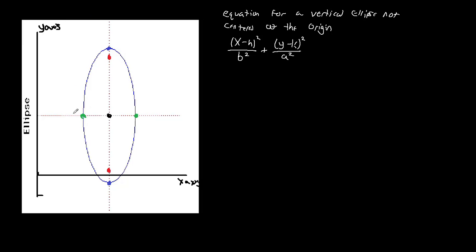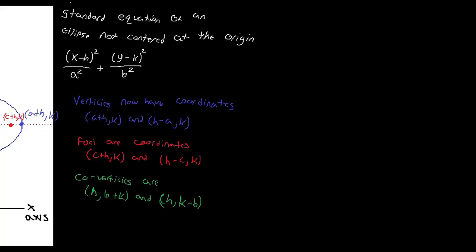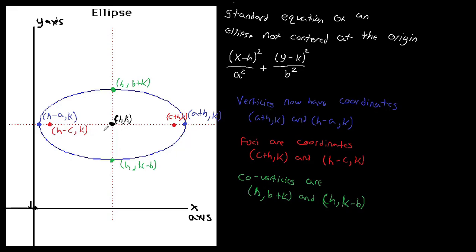And so just like last time, right, our center is still h comma k. That's the distance that we had to go over and up to get to the center of the ellipse. Right, so now I want to talk about our vertices again. So if we scroll back over to our previous discussion, you'll see that in this case, to get to our vertex, this distance is still a. We had to go a, and we also had to go h.